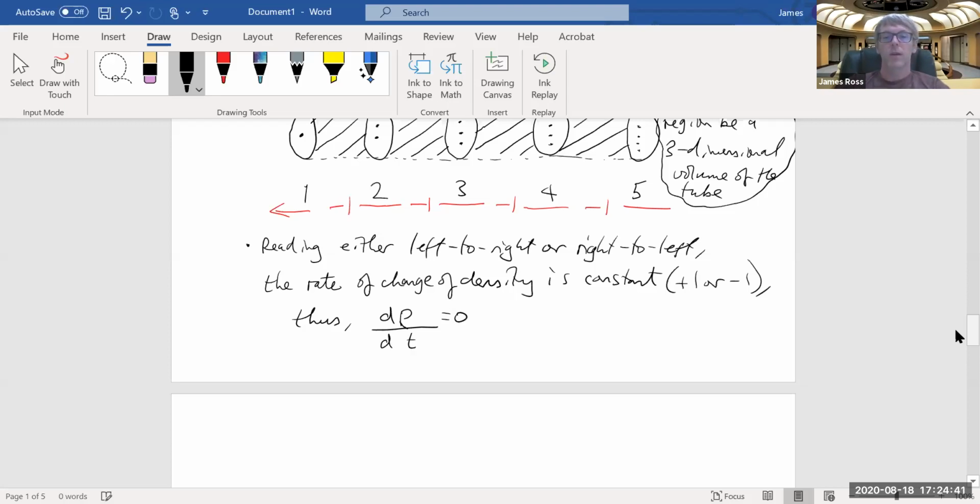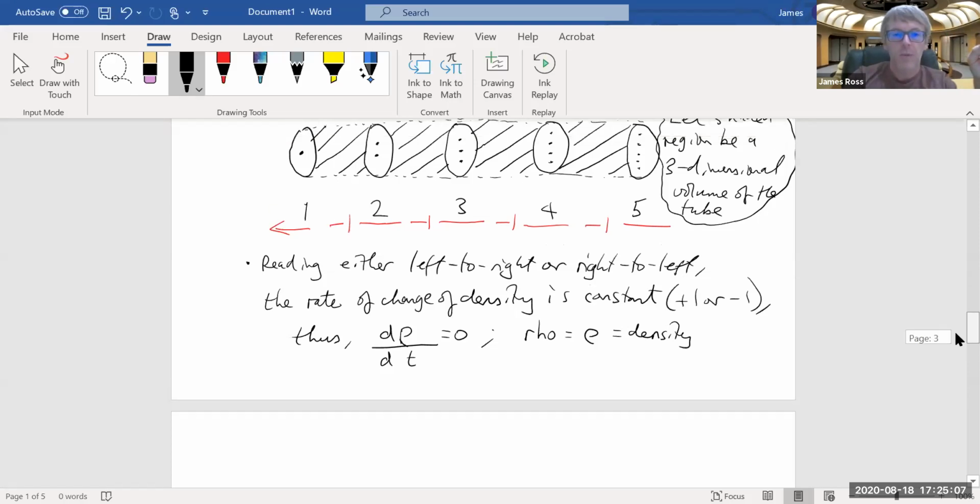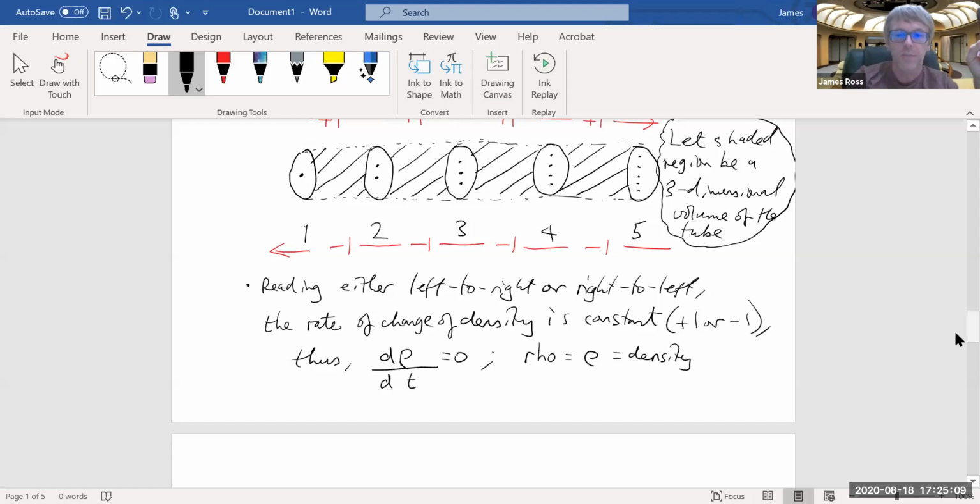So here, rho is this symbol here, and this is our density. Why have I lost my partial derivatives? Because I'm not looking at the slices now. That was the other part. I'm just looking at one thing, so I've got my regular derivatives. The density is not changing here with time, if I inspect the shaded region.